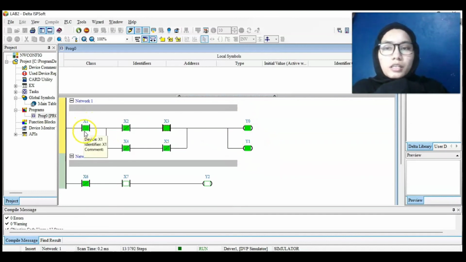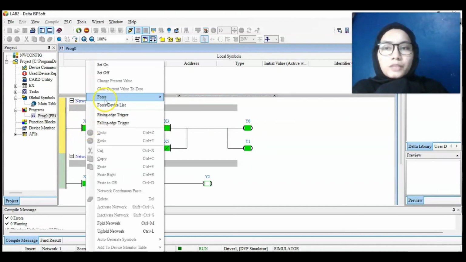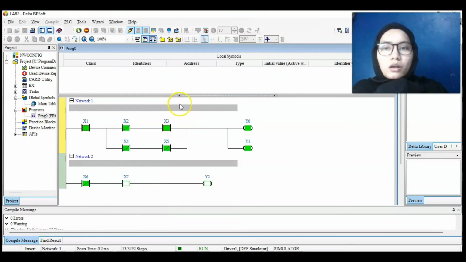It is because X1 is the first source that gets a current flow. So if we force X1 off, they cannot get current flow from here because this is a parallel connection. So they cannot connect to the output because there is no current here.